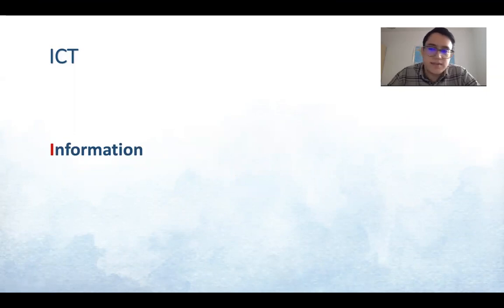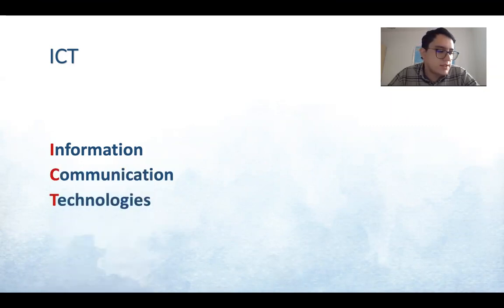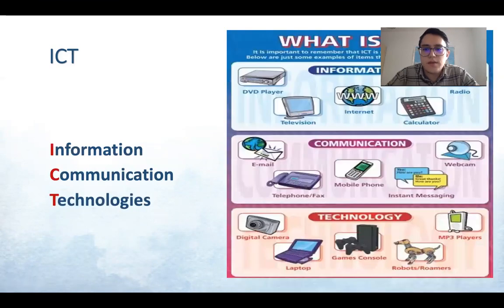ICT. I stands for information, C stands for communication, and T stands for technologies. So you can see here all the three categories are separated, and you can see all the different objects or softwares or technologies.